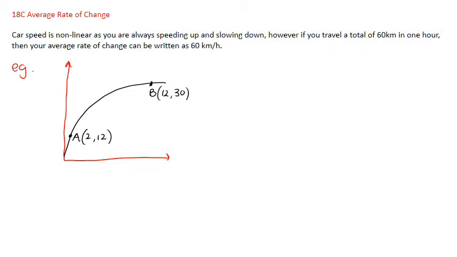So we've got this example here. It's obviously a nonlinear line, but we can find the average rate of change between points A and B. It's very easy. Essentially what you're doing is just drawing a linear line through those 2 points. I'll try to do it without a ruler, but I can't guarantee anything. Ah, nope.